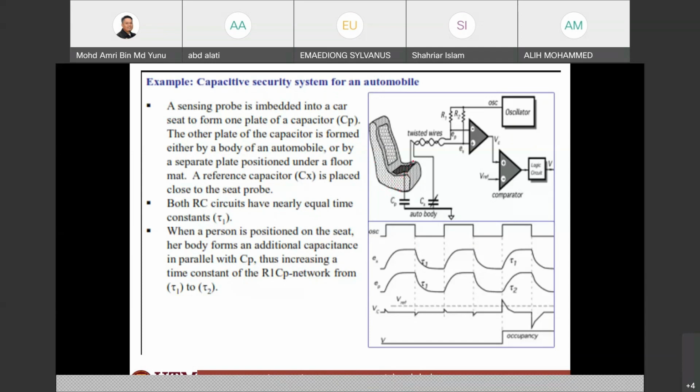When the driver sits on the seat, it will change the distance and the capacitance. In this case, it is the capacitance CP.